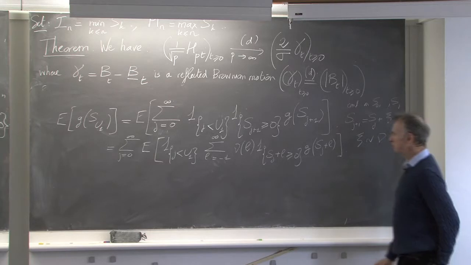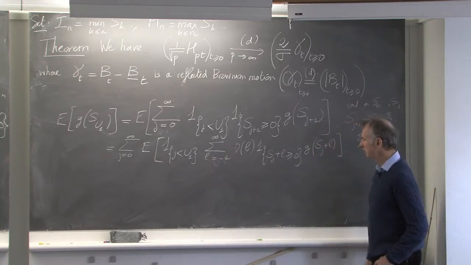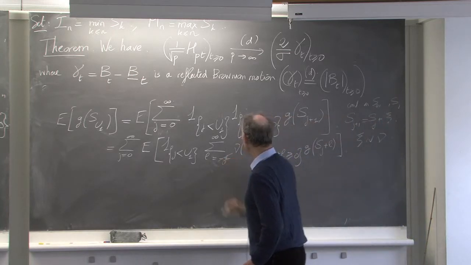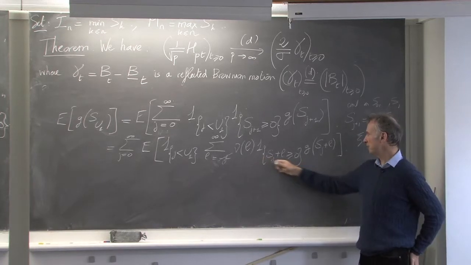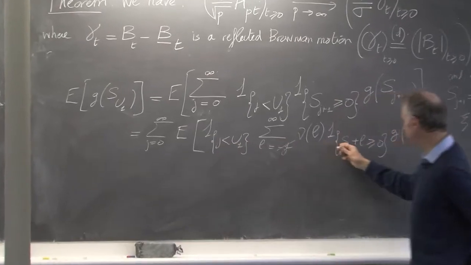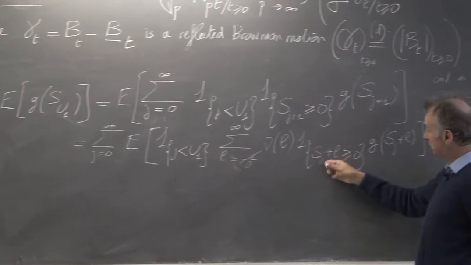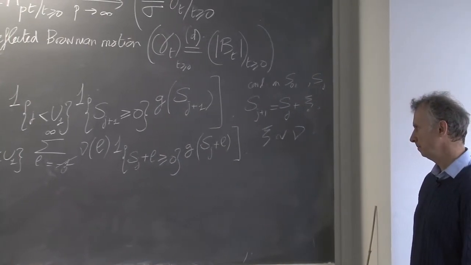Well, I summed from L equals -1 to infinity, but in fact, I can take 0 instead of -1, because if L is equal to -1, I have no chance to have this property here, because I already know that Sj is non-positive. If I add -1, it will certainly not become positive.